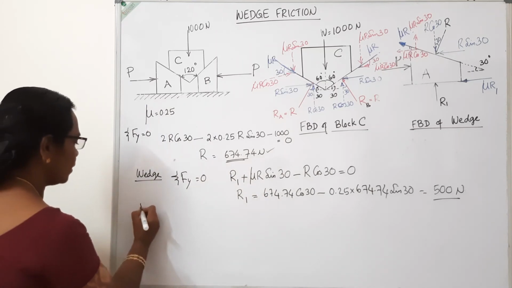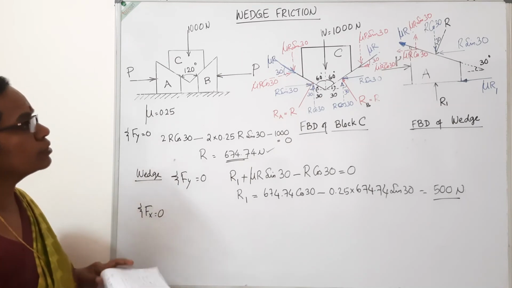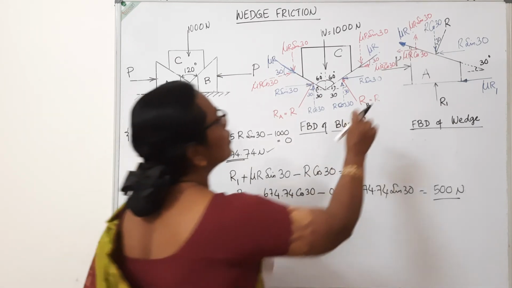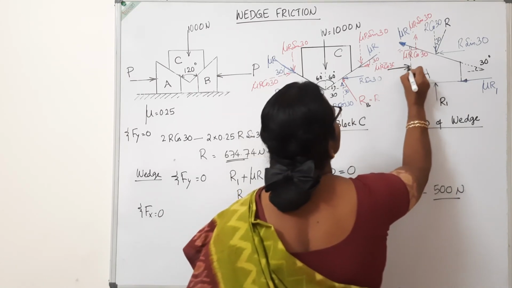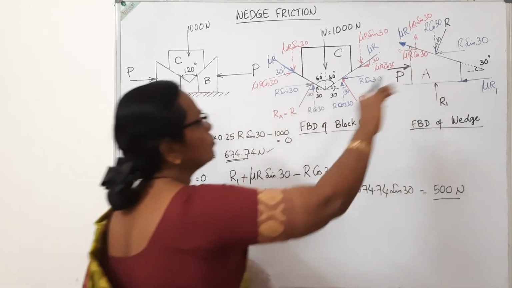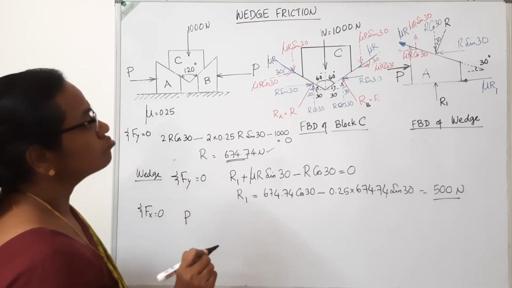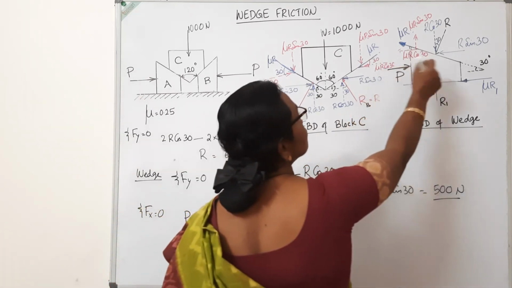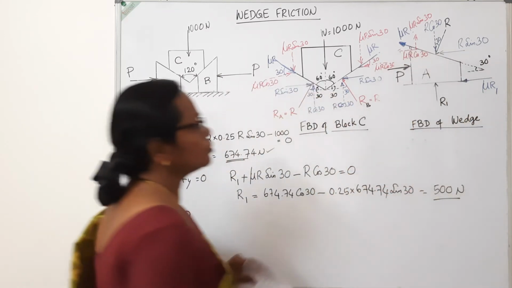Now let us put sigma Fx is equal to 0. Consider the horizontal equilibrium. The horizontal force is P towards right. So one force towards right is P. Any other? This mu R cos 30 is towards left. R sin 30 is towards left. Mu R1 is also towards left.